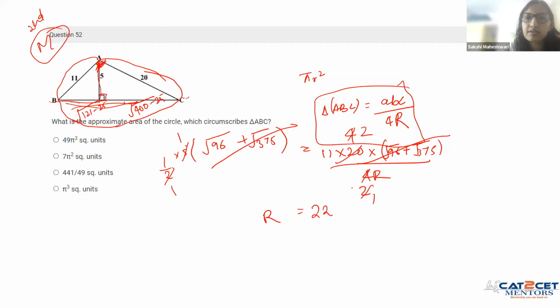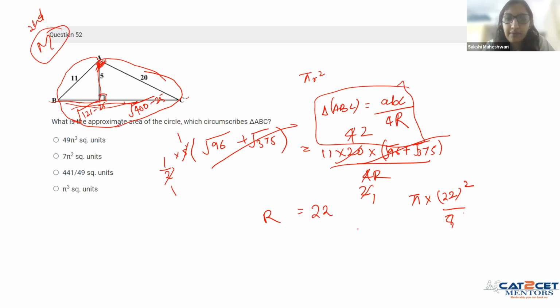22. Now you need to find the area of the circle, so that is equal to pi into 22 whole square. I think here the options are in the form of pi square, pi cube. So maybe you can just write here, see, just check which one matches.